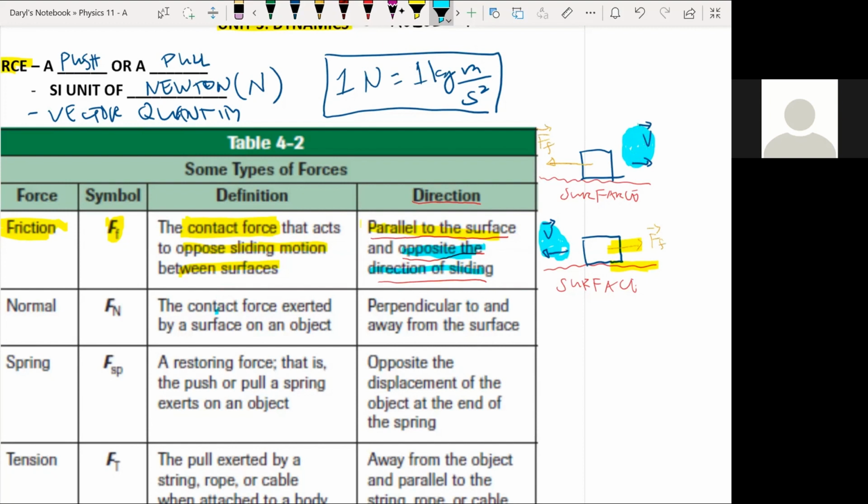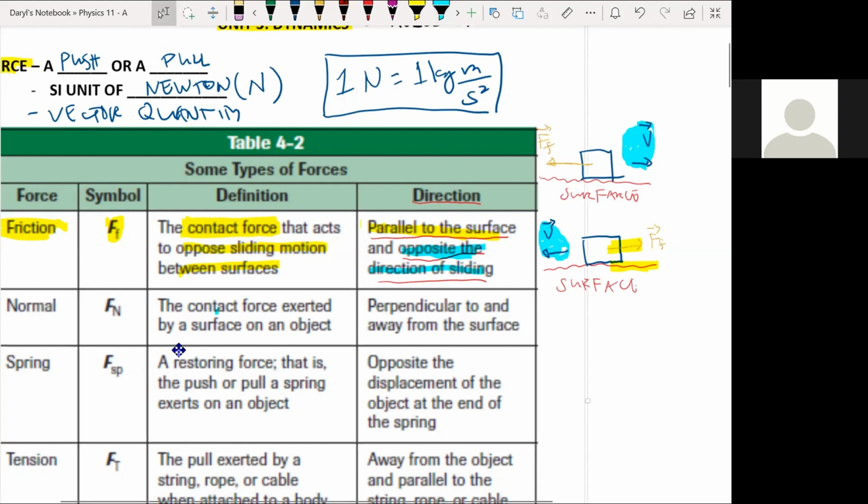If it's moving to the right, friction would be to the left. If your velocity is to the left, friction is in the other direction. And friction is always parallel to the surface. It's a contact force, so they are in contact with one another. It could be a box on another box, still creating friction there.